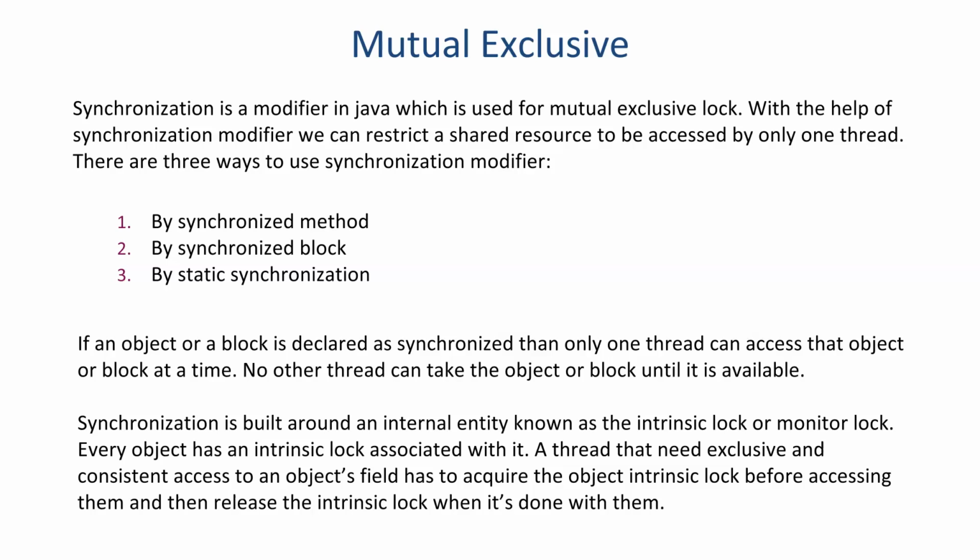Synchronization is built around an internal entity known as the intrinsic lock or monitor lock. Every object has an intrinsic lock associated with it. A thread that needs exclusive and consistent access to an object's fields has to acquire the object's intrinsic lock before accessing them, and then release the intrinsic lock when it is done with them.